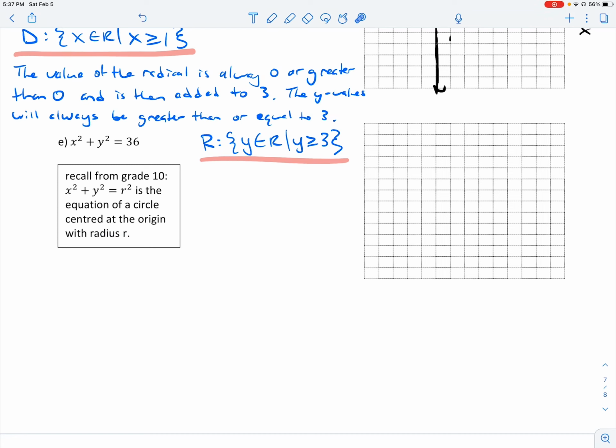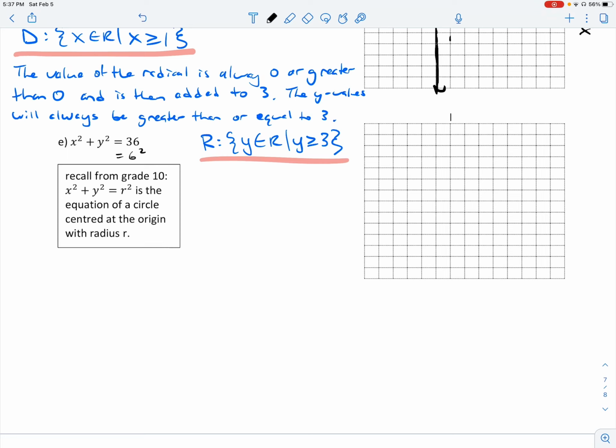And when it's in this form, it'll always be centered at the origin. So I can see here that if I take this number 36 and write it as a number squared, it should look like 6 squared. So I can see that the radius is 6 for this graph.